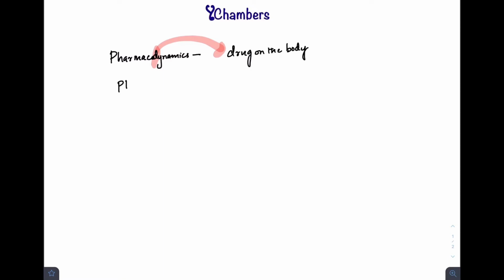So pharmacokinetics will be the opposite. It will be body on the drug. Body on the drug.